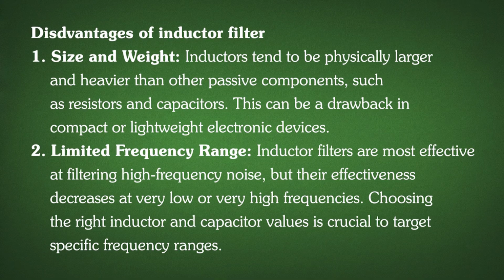Now, let us discuss some disadvantages of inductor filter. The first disadvantage is its size and weight. Inductors tend to be physically larger and heavier than other passive components such as resistors and capacitors. This can be a drawback in compact or lightweight electronic devices.